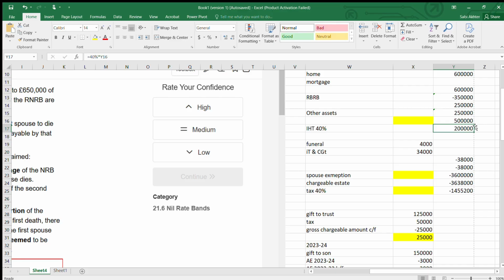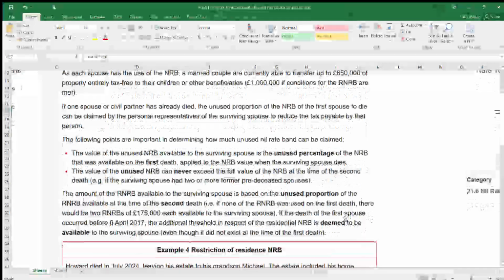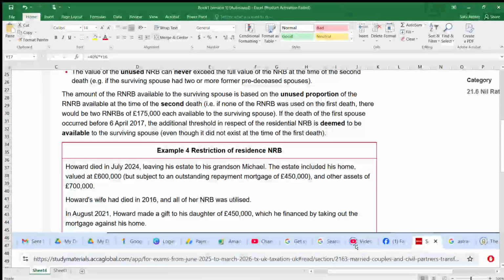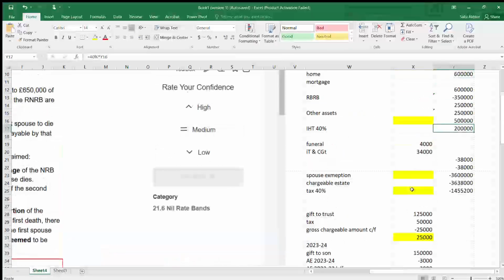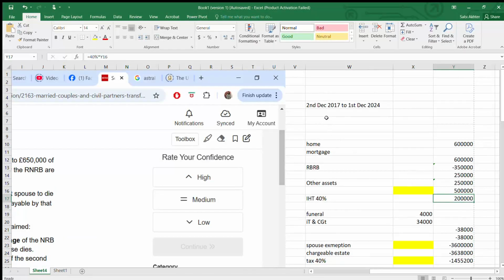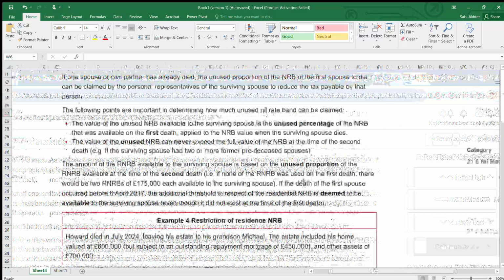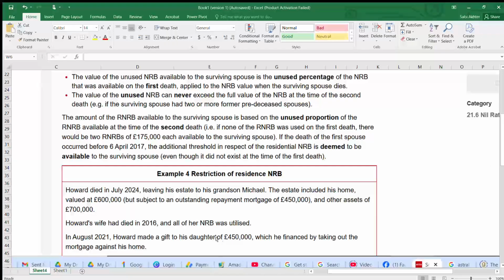Okay, but because of his death, remember, it's a PET. If he leaves anything to his daughter, it's a PET. The PET also will become chargeable, and also the death estate. So PET will be calculated. We didn't calculate the PET. If you see the amount, it is 450, given to his daughter.